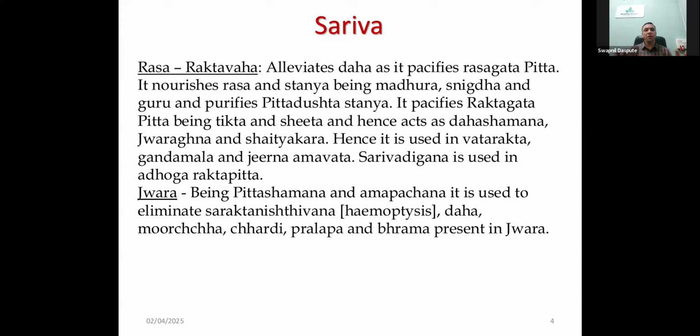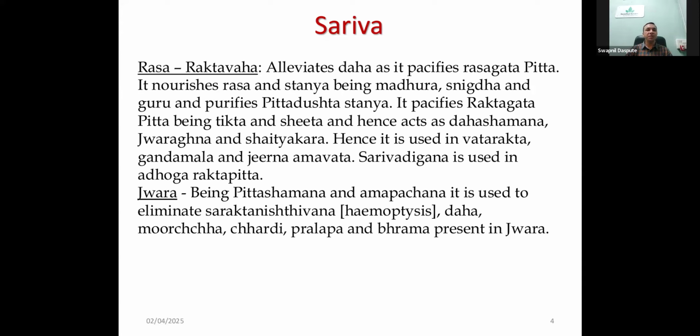Of course, not all of them will be found there, because these notes have been prepared after studying various classical textbooks. You may find a few in Sushruta, Vagbhata, Bhavaprakasha, Madhava Nidana. So the herbs in the entire group are used in Adhoga Rakta Pitta.